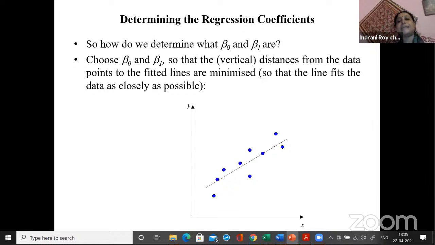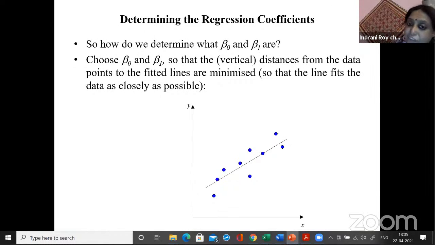When you say y is equal to mx plus c, what does it mean? It means that m is the slope of the line; y is equal to mx plus c is the equation of a straight line. If you put x equal to 0, then the y value is equal to c. So c is the intercept of the straight line. If you know these two things, the slope and the intercept, you can actually construct a unique straight line.